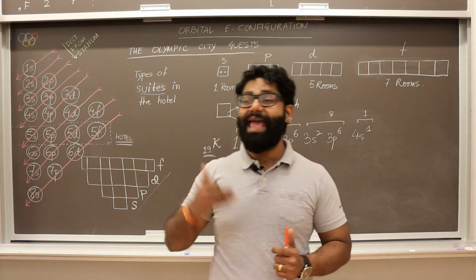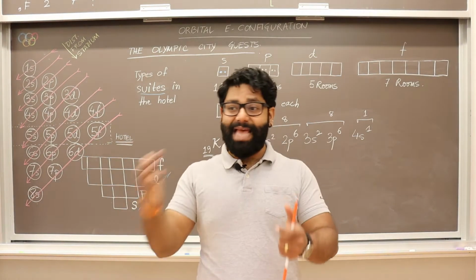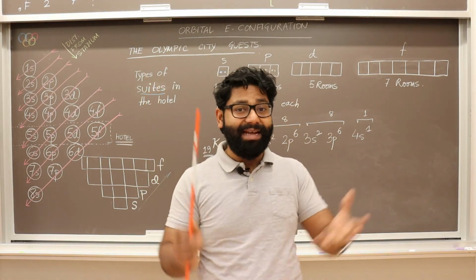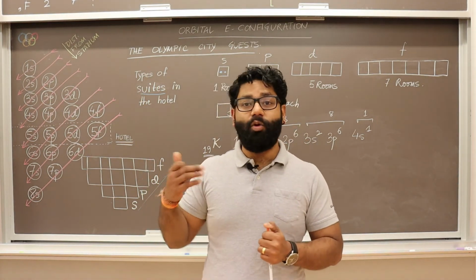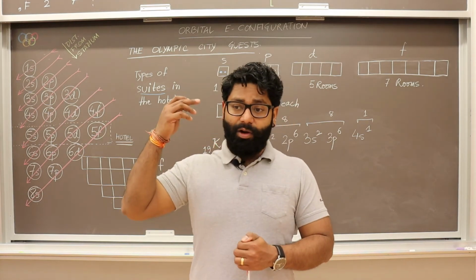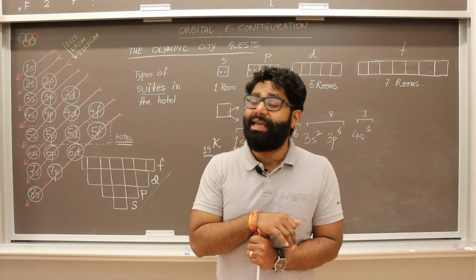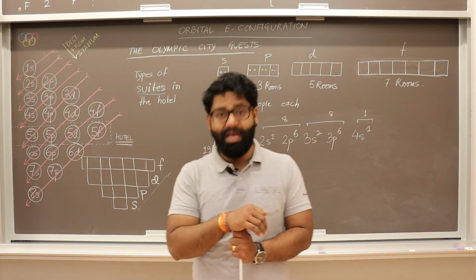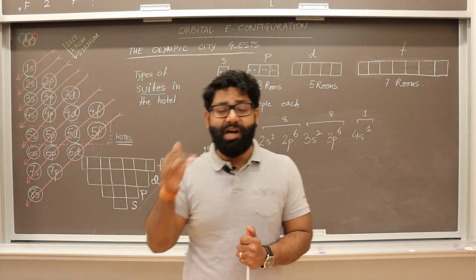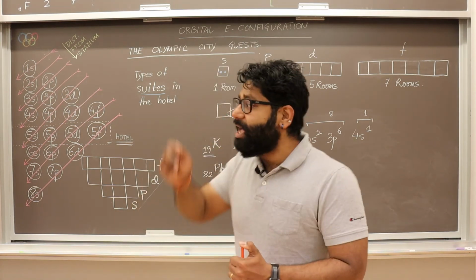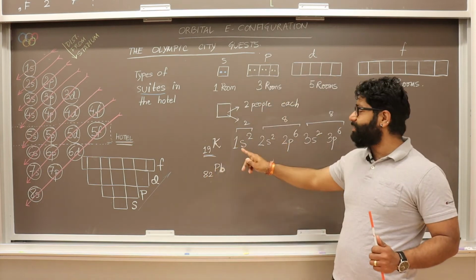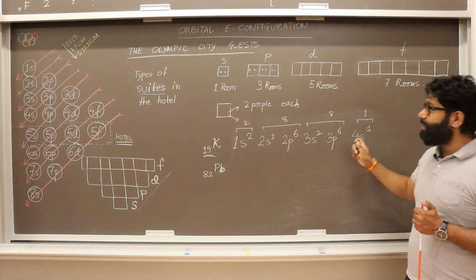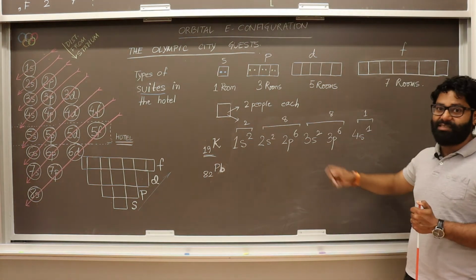Its stability, the reactivity of different elements, and comparisons of which element or which ion is more reactive than the other. Why does sodium have only Na+? Why doesn't Na have an Na2+, or why does oxygen take O2-? Things like these. So many things will start becoming more clear and make sense when you try and arrange the electrons in an atom using the orbital configuration that we have just discussed in here.